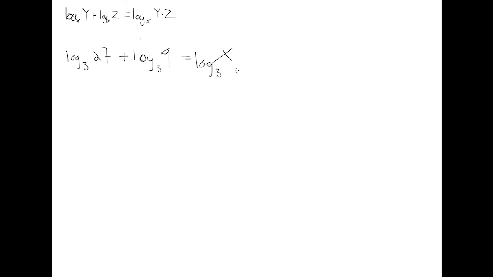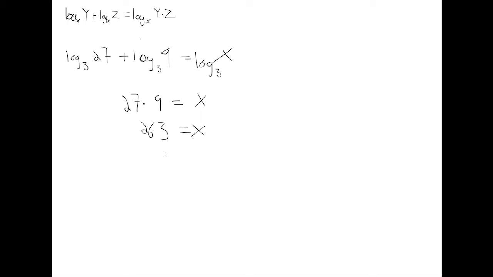And we need to know what x is, right? So what do we know? Well, we know that x must equal 27 times 9, right? Whatever number's here times whatever number's here. So 27 times 9 equals x. And that is 243. So x will equal 243.